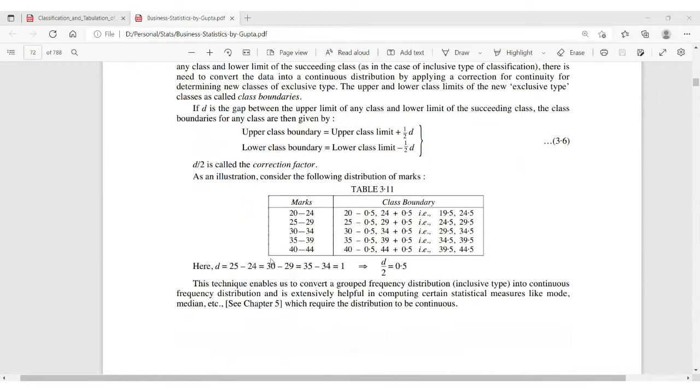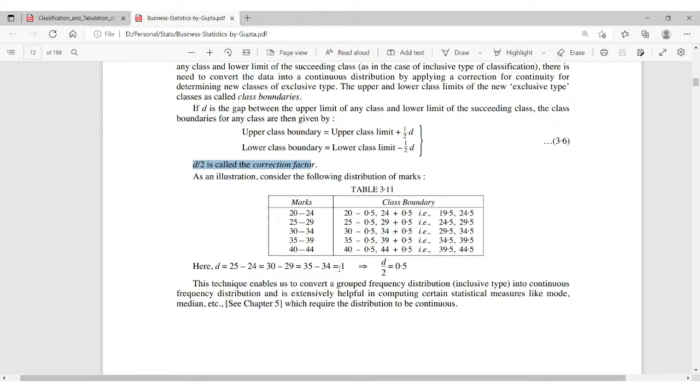So what we do, for example, see, this is inclusive form. We change into exclusive. What is the difference of this 24 and 25? Difference is 1. We make correction factor, that is d by 2, half of the difference.